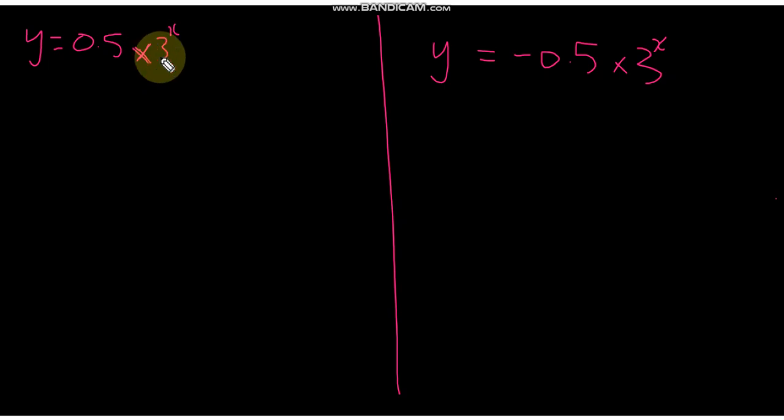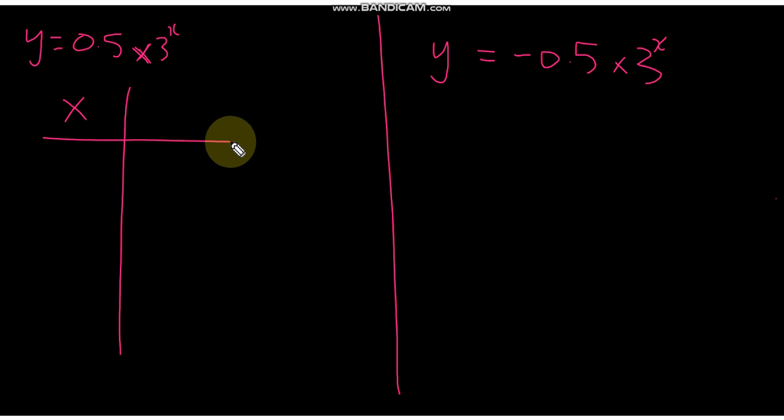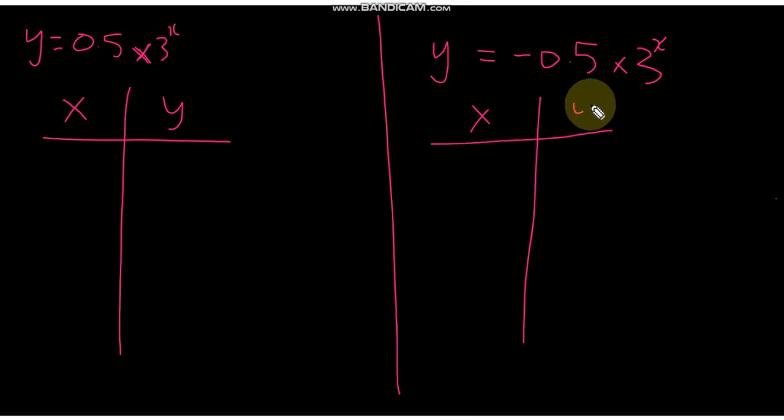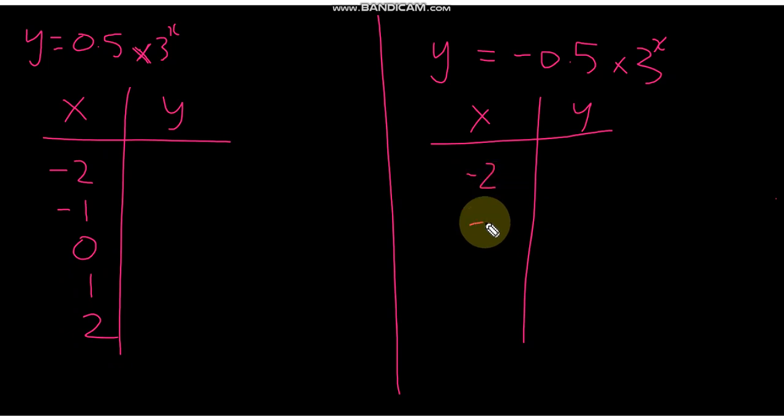Same, guys, again, when we are graphing, when we're plotting this stuff, we always create a table here, and we'll take a range, let's say negative 2, negative 1, 0, 1, and 2.